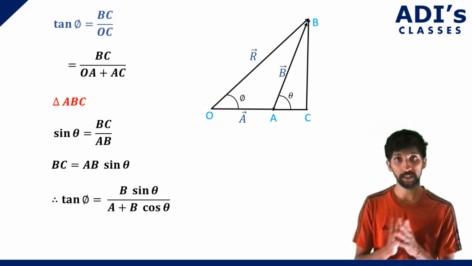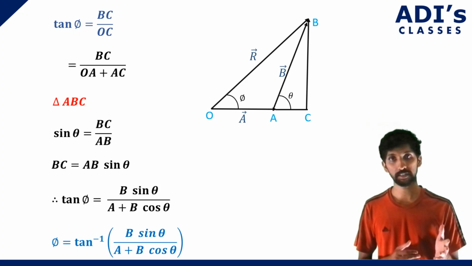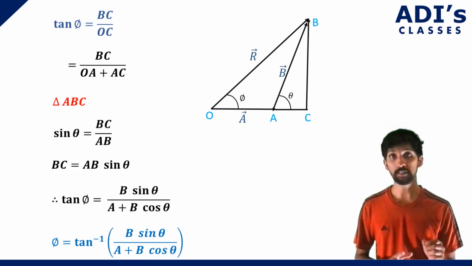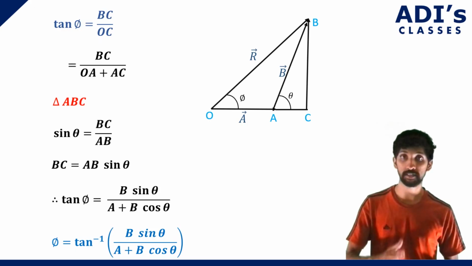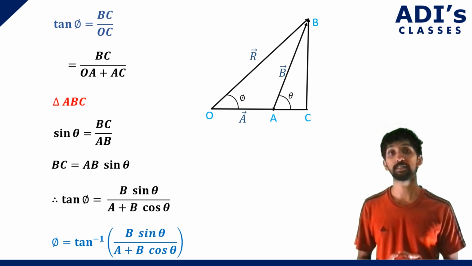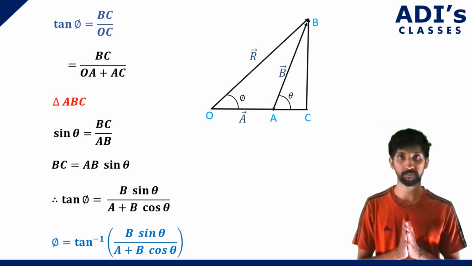So phi is equal to tan inverse of B sin theta by A plus B cos theta. This gives you the angle made by the resultant with the vector. These two formulas are very important for the rest of the problems you will be doing.